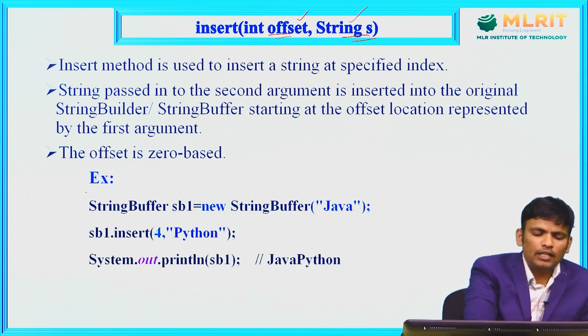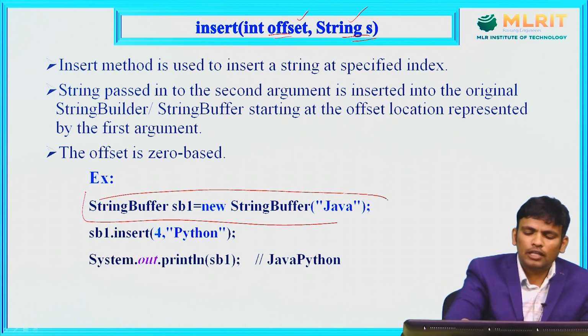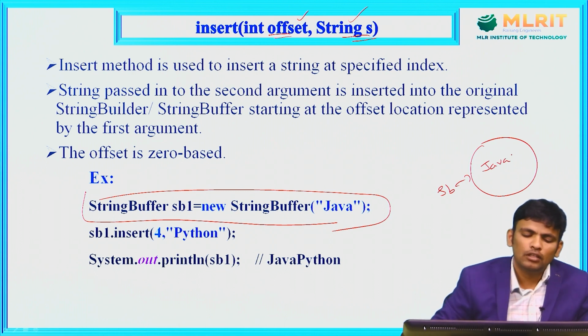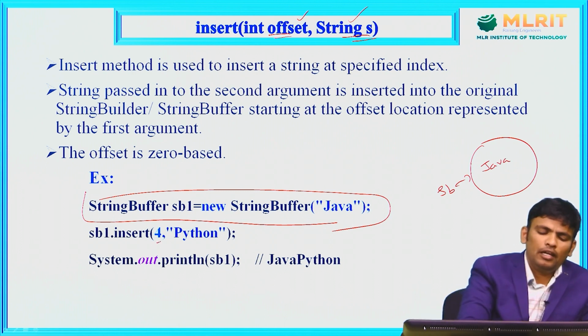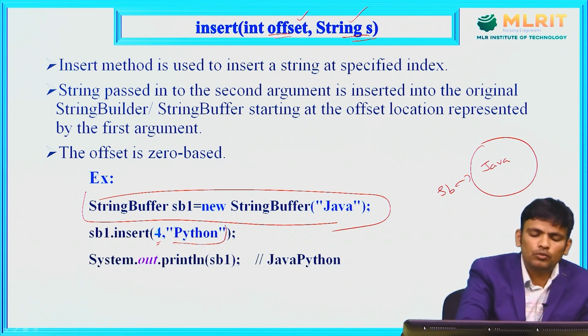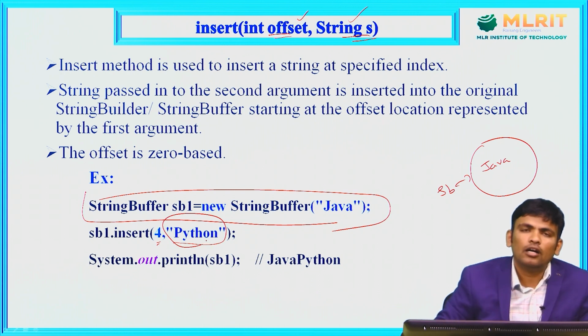Suppose if you take an example here. Here I created a StringBuffer object, which will create an object in the heap area. SB is pointing to this object. Initially this has Java, and at the fourth index you are performing the insertion operation, with this being the inserting string.